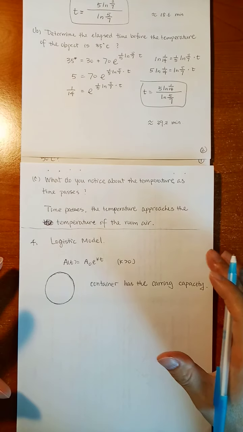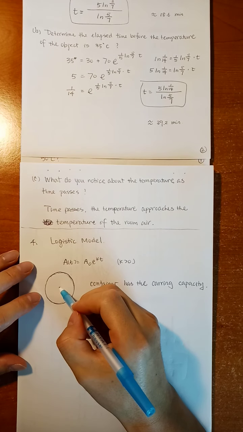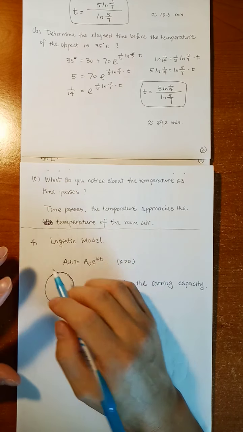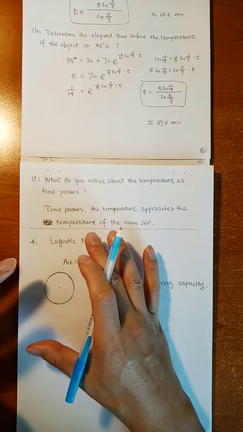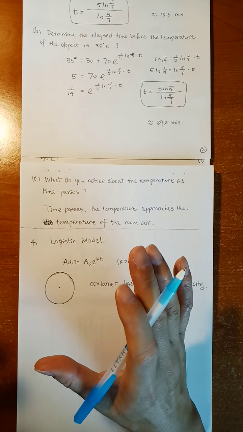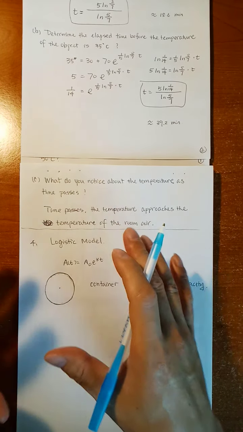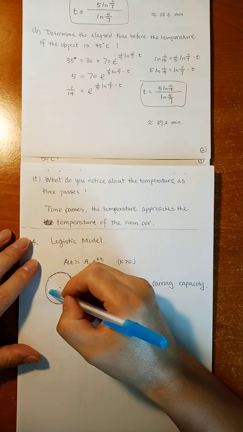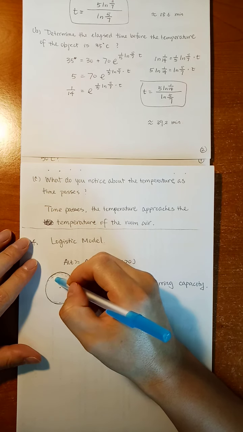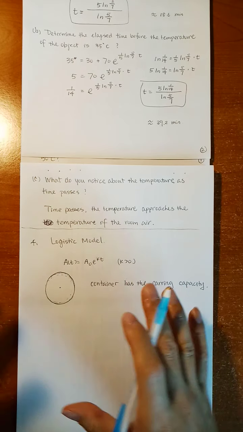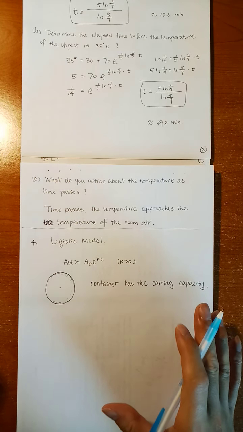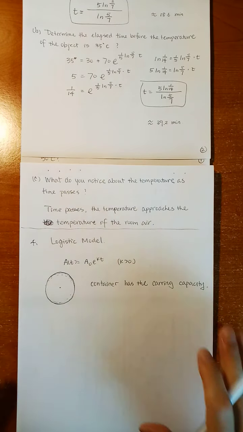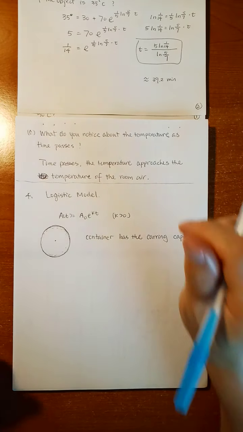At the very beginning, if you have just one or two bacteria, you don't see the capacity because the capacity is much bigger. You have enough room to grow. But when you already have almost a full container, then your growth will be limited and controlled because of this limited supply.